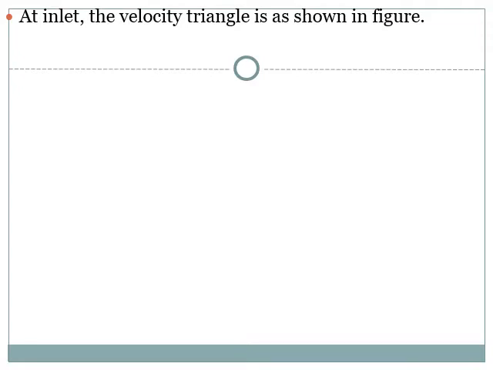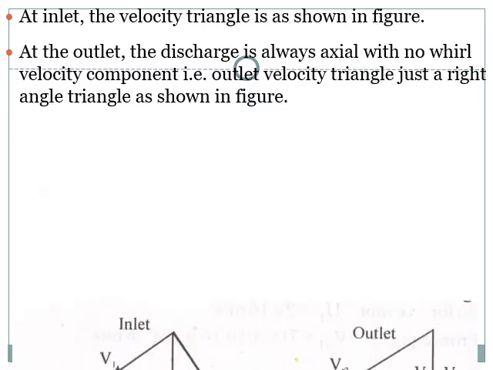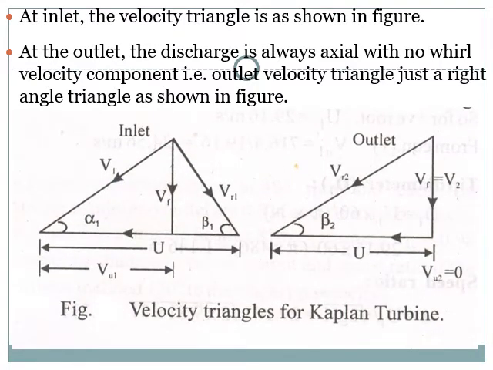The inlet as well as the outlet velocity triangle is shown here. At outlet, the discharge is always axial with no velocity component. The outlet velocity triangle is just a right angle triangle as shown in figure. So this shows the inlet as well as exit velocity triangle for the Kaplan turbine. Here the exit of the fluid occurs in axial direction.